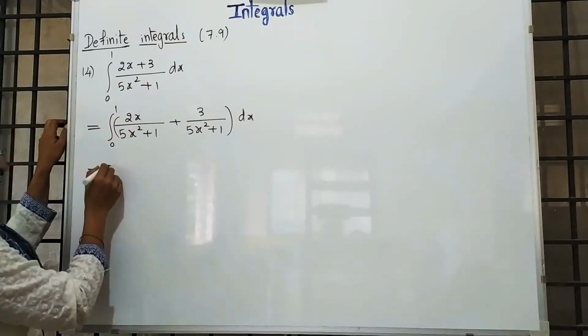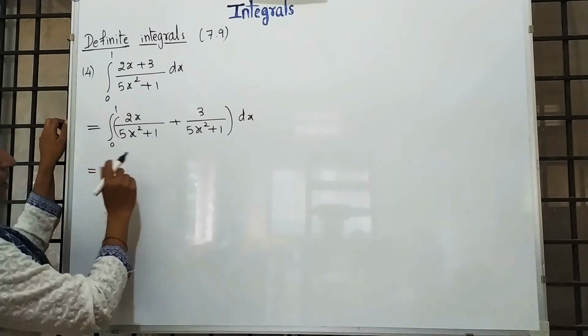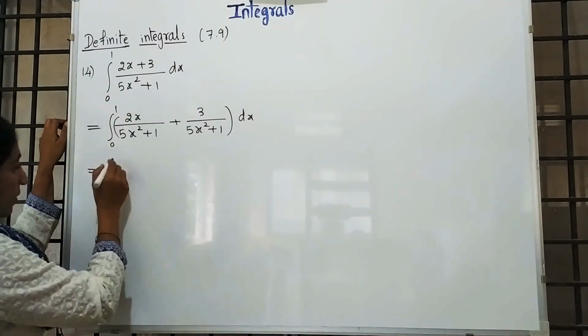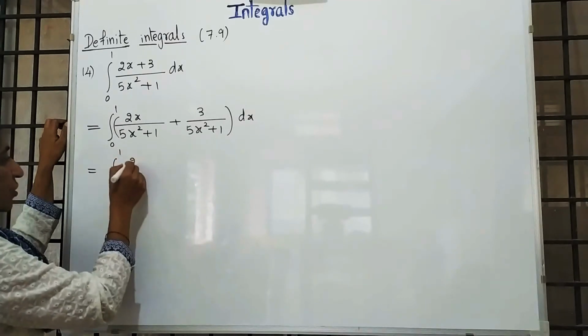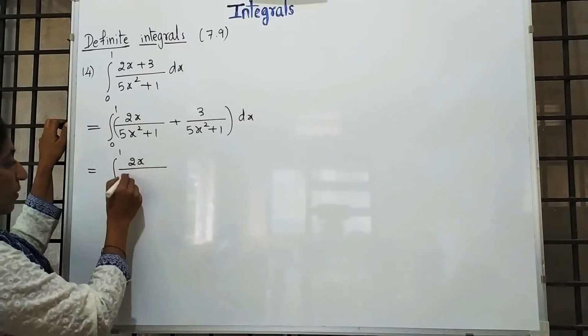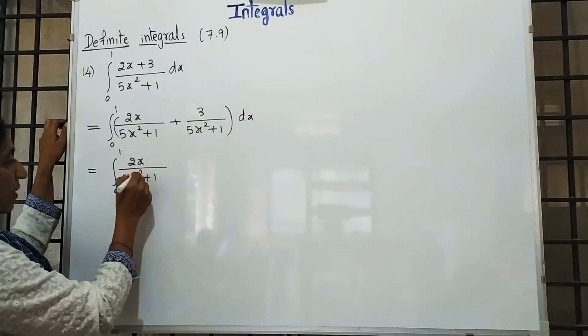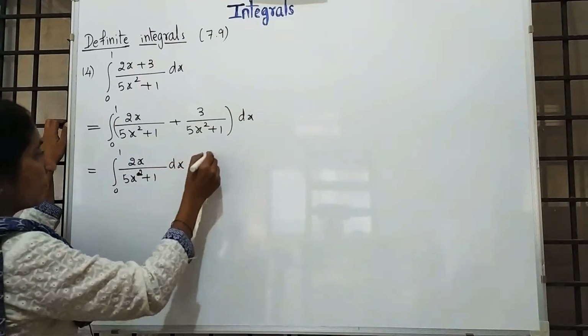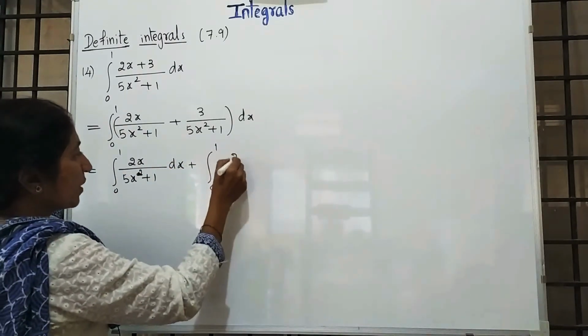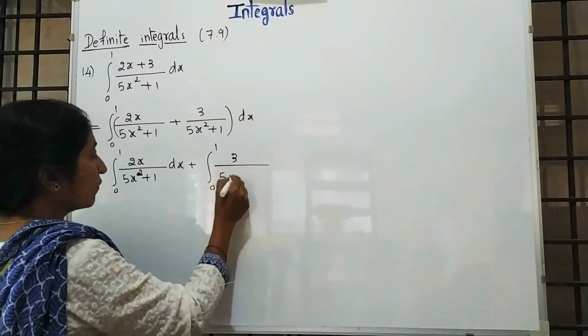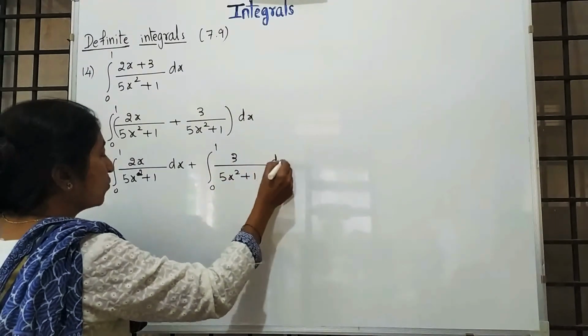I will take the integration separately: integration from 0 to 1 of 2x upon 5x square plus 1 into dx plus integration from 0 to 1 of 3 upon 5x square plus 1 into dx.